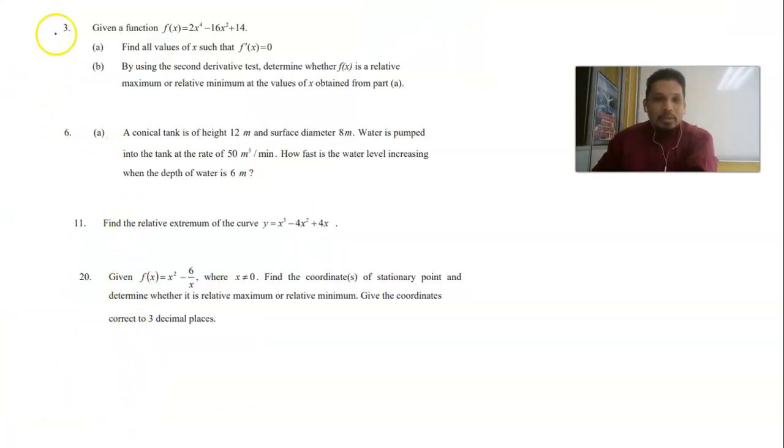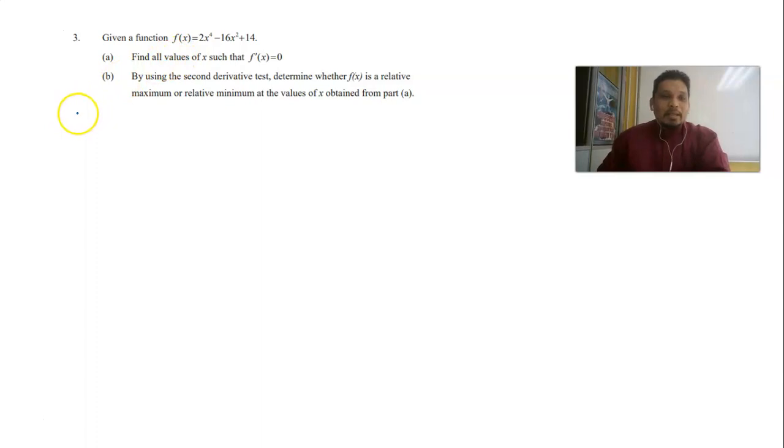Okay, these are all the questions that we selected. Now, the first one here. Question number 3: given the function f(x) equal to 2x to the power of 4 minus 16x squared plus 14, find all the values of x such that f prime x equal to 0.